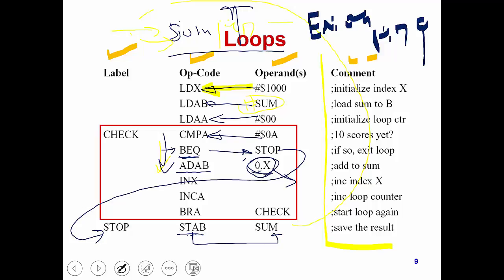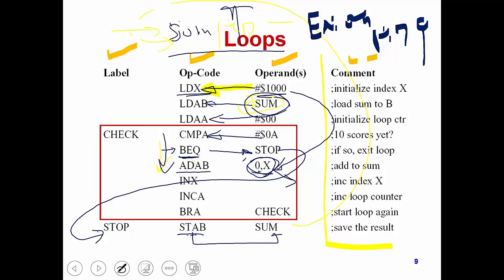So where does x point to? X points to memory location 100, specified here. That means for the first iteration, we add the value at memory location 100, whatever it is, into B. What's the value of B? B already contains the value of SUM.